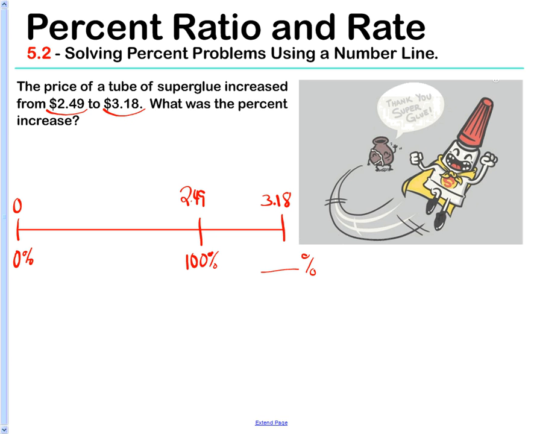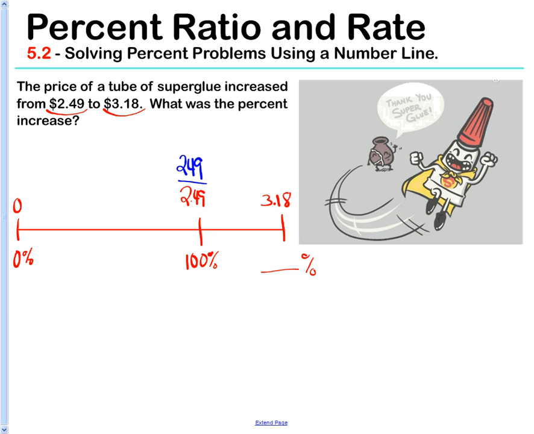We will have to find out what 1% is. One thing you have to be aware of, and this is important, is that we can't just take 2.49 and divide it by 100. We have to take this and call it single units. So when we were talking about grams, we talked about whole grams. When we're talking about money, make sure that you identify that it's 249 pennies, okay?